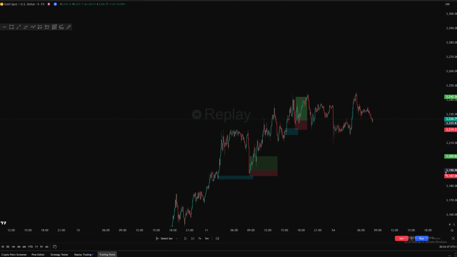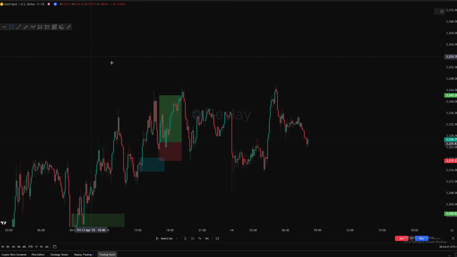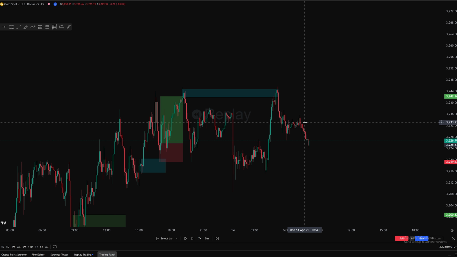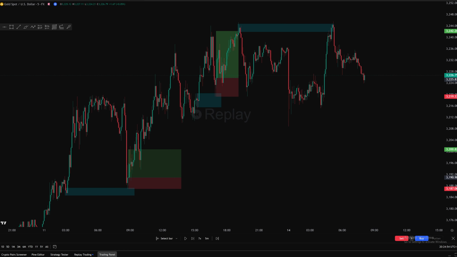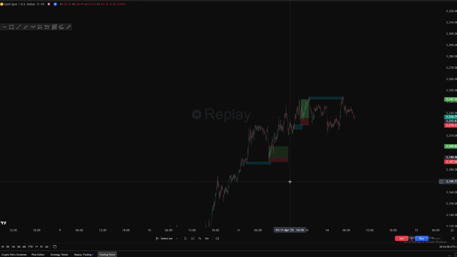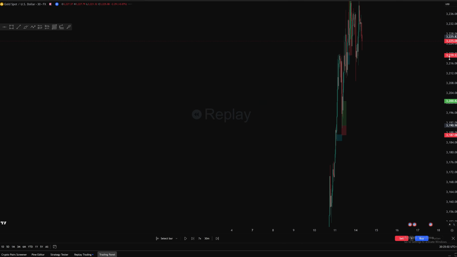Like I said before, there's an exact reason why I wouldn't take a supply zone. As you can see, there was a supply zone over here which gave a reaction and unfortunately failed. But I would not take this trade because we're obviously extremely bullish. Of course, on the 5 minute time frame, the trend doesn't matter, but being this bullish, let me go on a higher time frame.